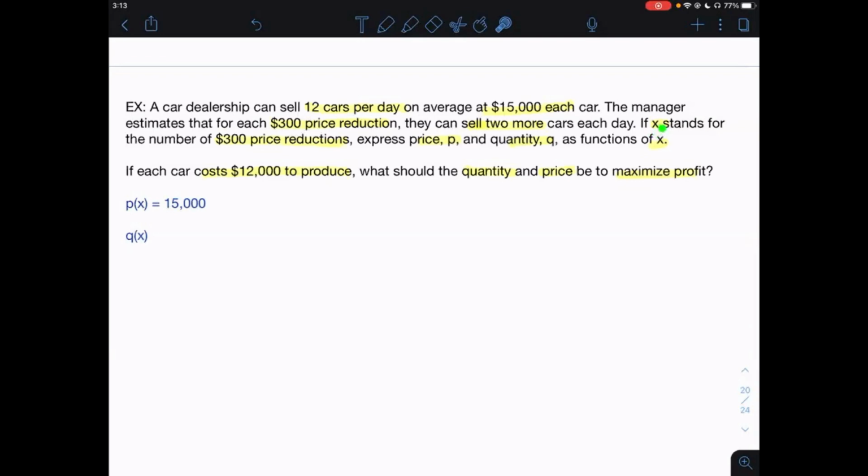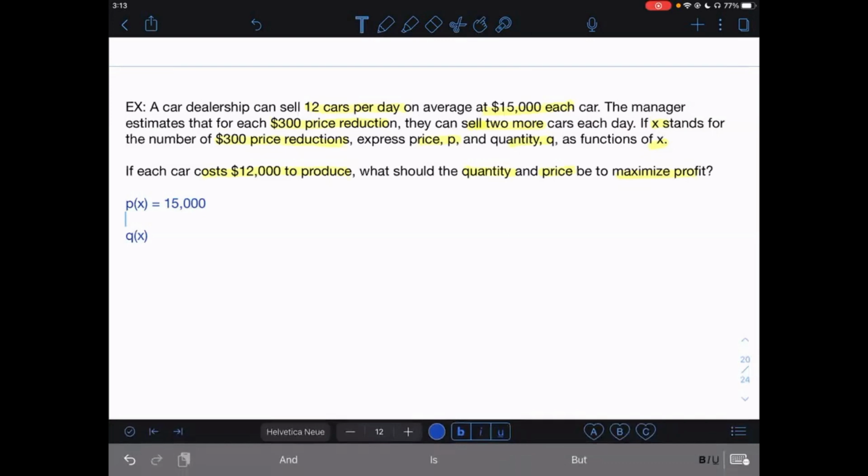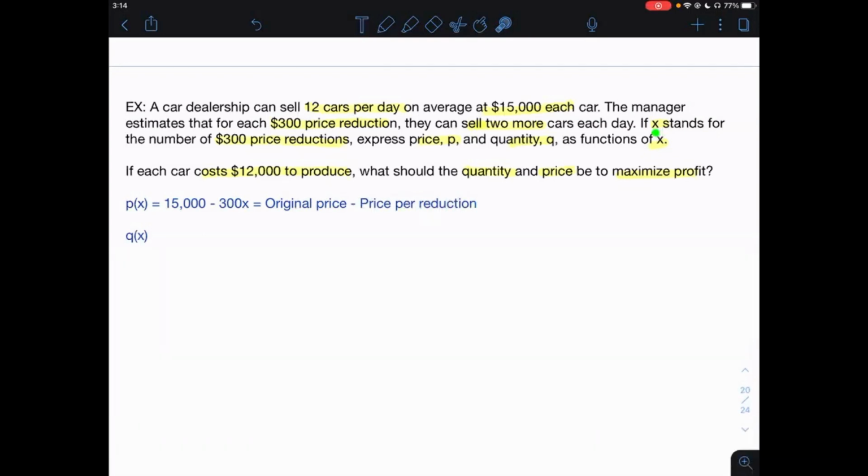So the original price of the car is 15,000, but we're going to subtract 300 times X. In other words, we're taking the original price minus the price per reduction. Then X represents how many times we're going to discount this car, and each discount is going to cost us 300.